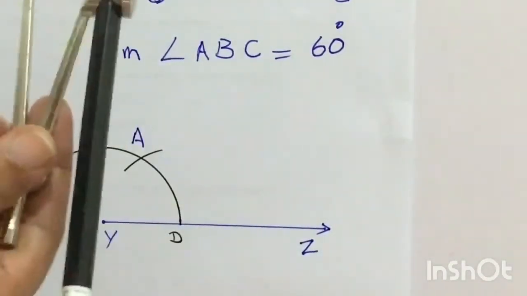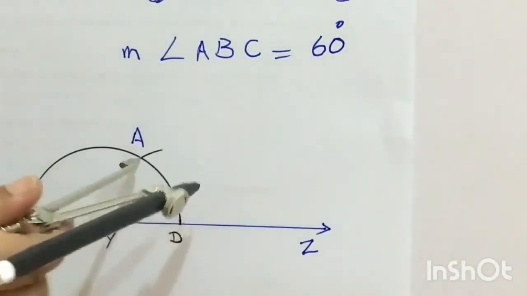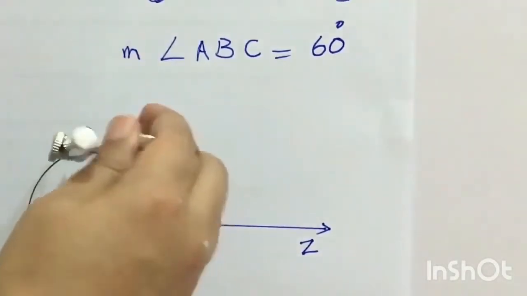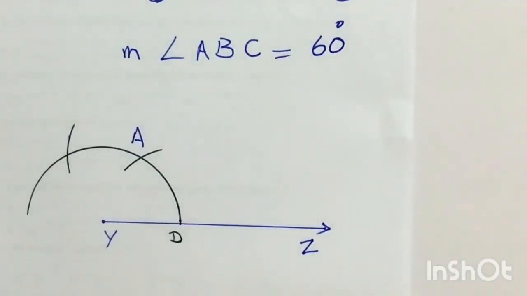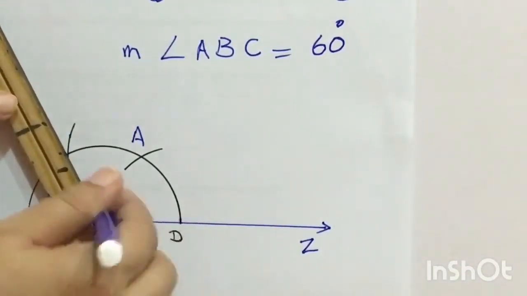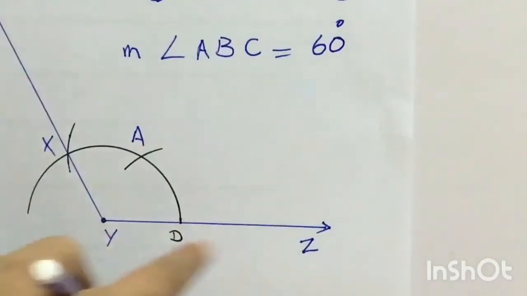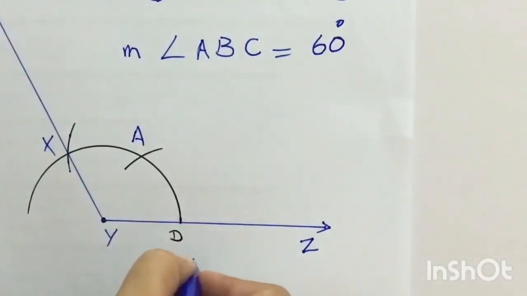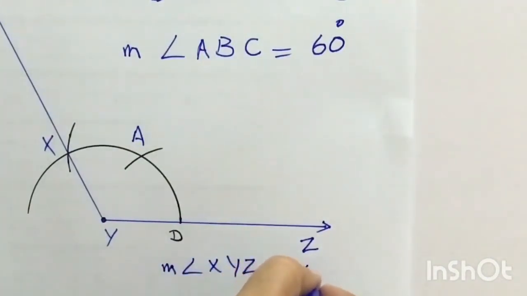Now I will place the needle of the compass at point A and, without changing the size of the width, again mark an arc to cut the semicircle at another point, which is X. If I join Y to X, I will get another angle, which is XYZ, with the measure of 120 degrees. Angle XYZ is equal to 120 degrees.